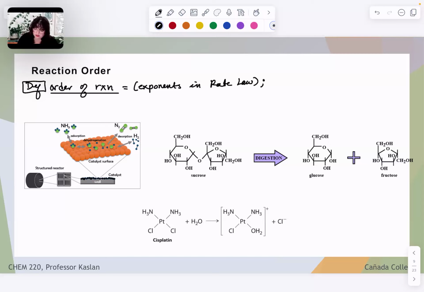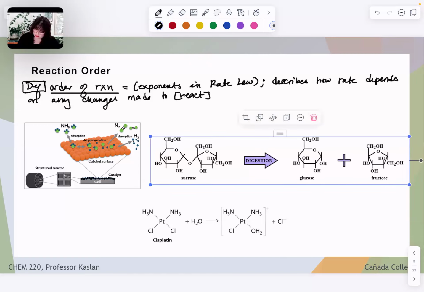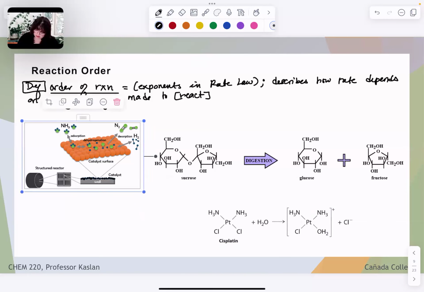And what the order of the reaction tells us is it describes how the rate depends on any change made to reactant concentration. So I have 3 reactions here showing different types of reaction orders.